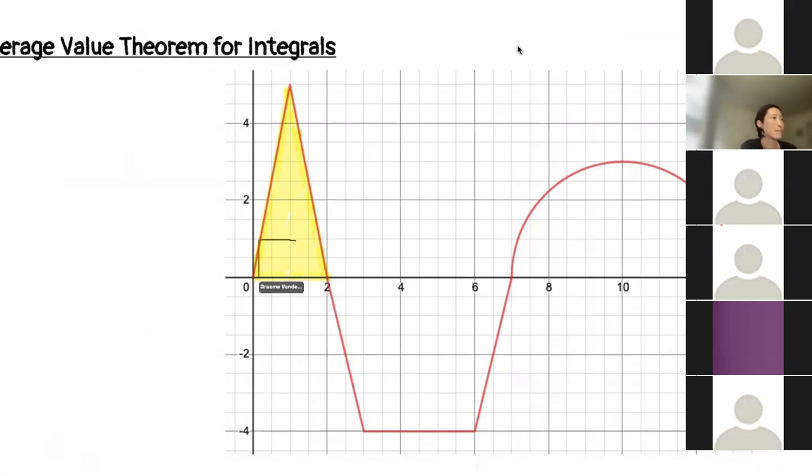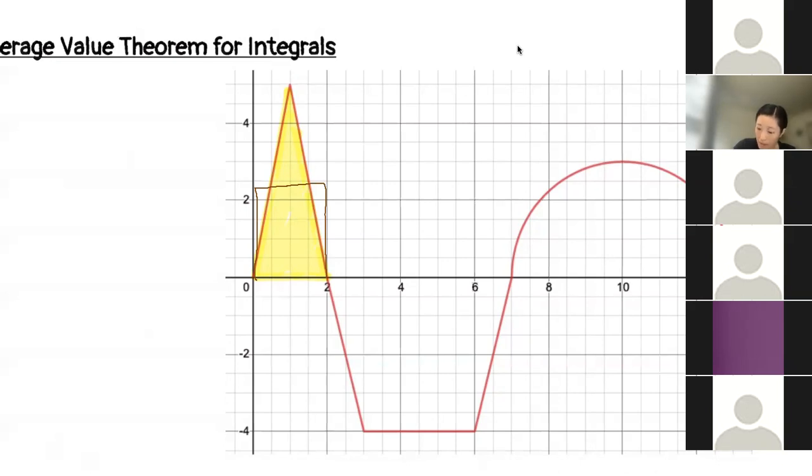All right, so what might that look like? Not of the triangle, of the rectangle. Okay, I see some drawings. I see some guesses. Okay.